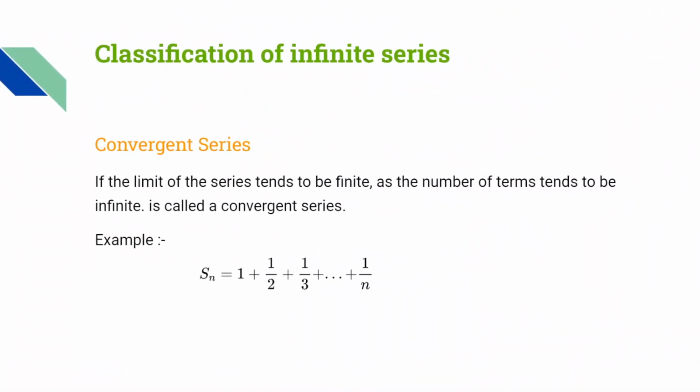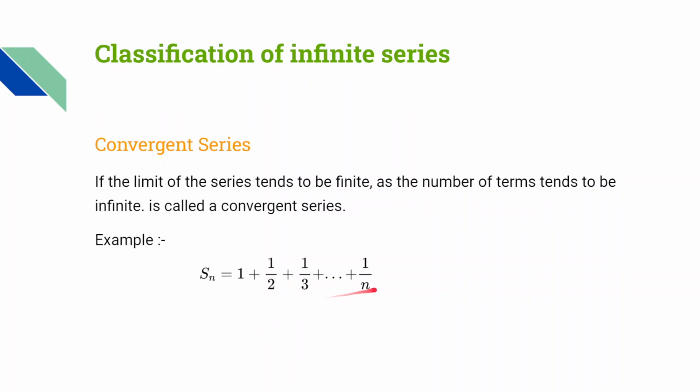Now we'll learn about the classification of infinite series. The convergent series: if the limit of a series tends to be finite as the number of terms tends to infinity, then it is called a convergent series. Look at that series.